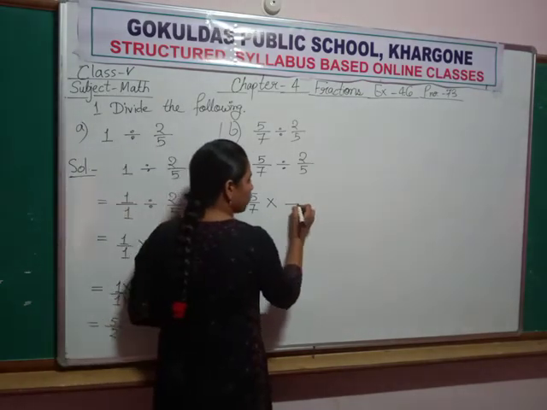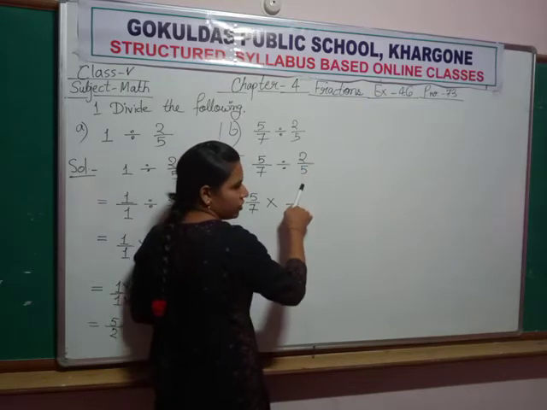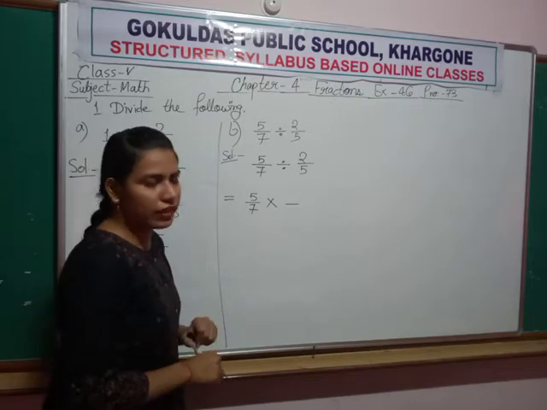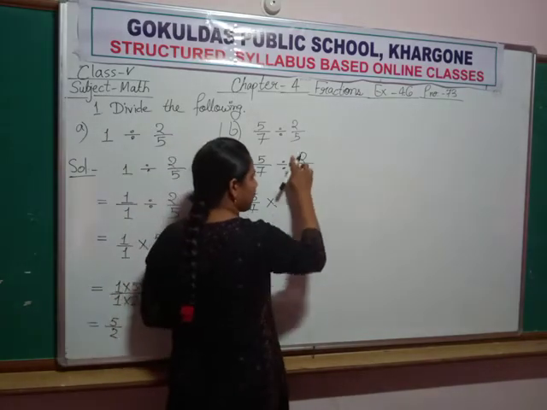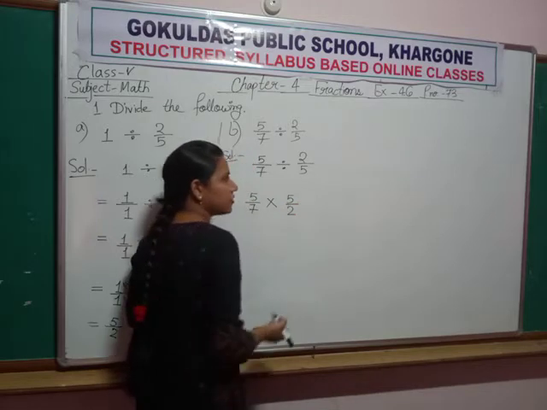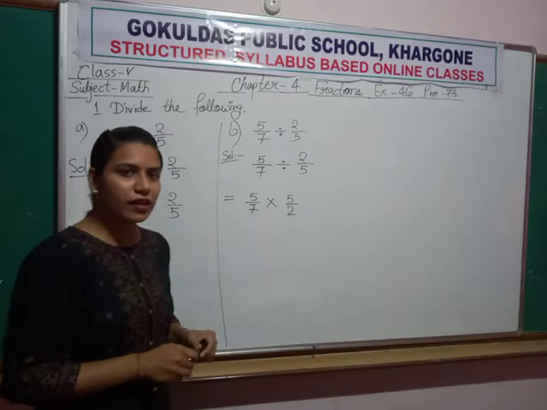Now what will we do? We will find the multiplicative inverse of the divisor. What is the multiplicative inverse? 5 upon 2 is the multiplicative inverse of 2 upon 5.